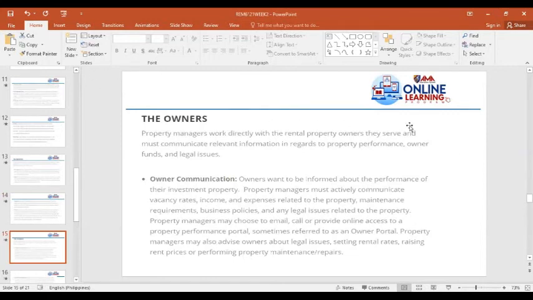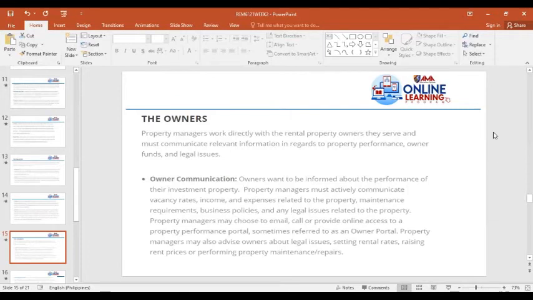Next, the owners. Property managers work directly with the rental property owners. They serve and must communicate relevant information in regards to property performance, owner funds, and the legal issues. So with this, number one is the owner communications.